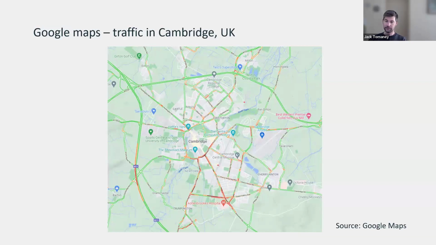As I said, we often use the product of a GIS all the time without realizing it, and this is what Google Maps is. At its core, Google Maps is created in a GIS, and it combines different layers of spatial data: roads as vector lines, points of interest as vector points, and features like parks or rivers as vector polygons. These can all be layered over the top of a raster base map, to create a clear and readable map.